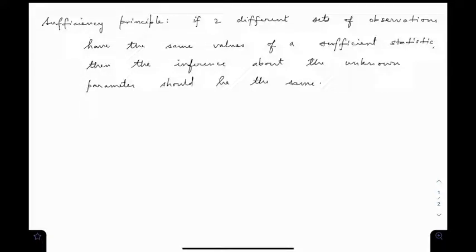Of special interest is what is known as the minimal sufficient statistic. It consists of a minimal number of components, so ideally only one element per parameter.